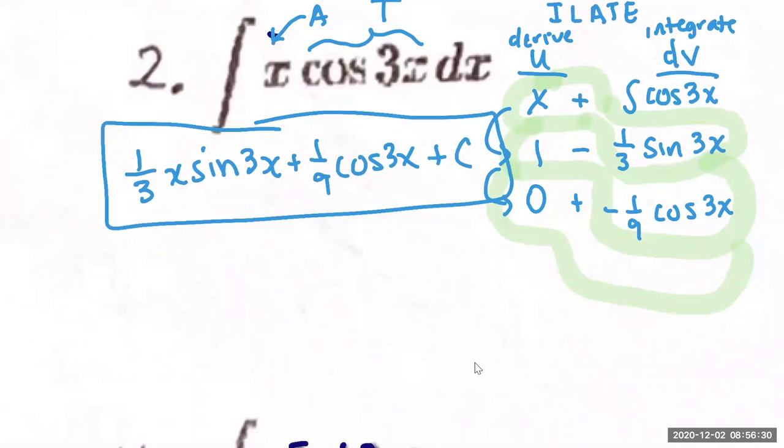Okay, there's a question on this. Will we ever be required to use tabular? I have never seen a tabular question on the AP test. Let me rephrase that. Tabular is not presented as tabular on a multiple choice question, but you might get a question like x to the 3rd power, cosine of 3x, in which case tabular is much faster than 3 iterations of integration by parts.